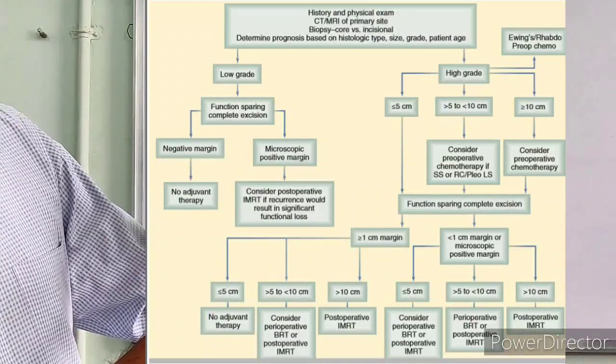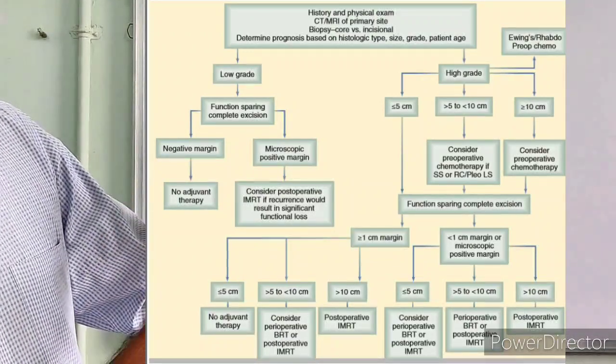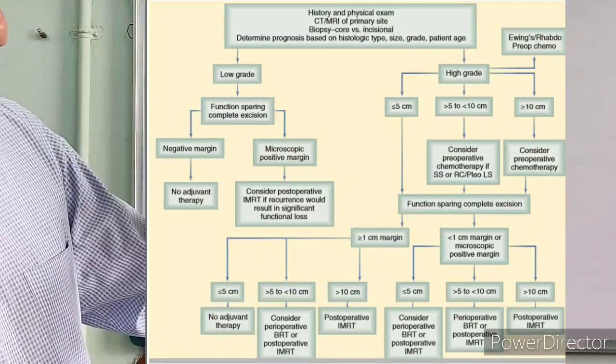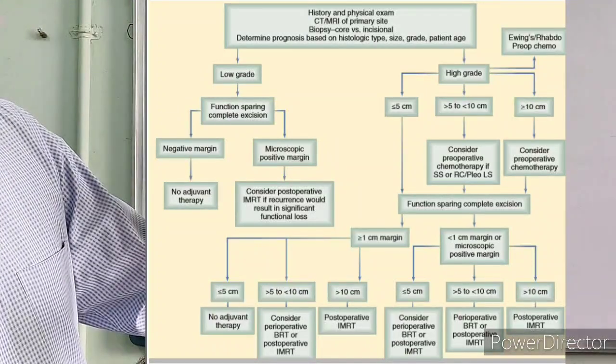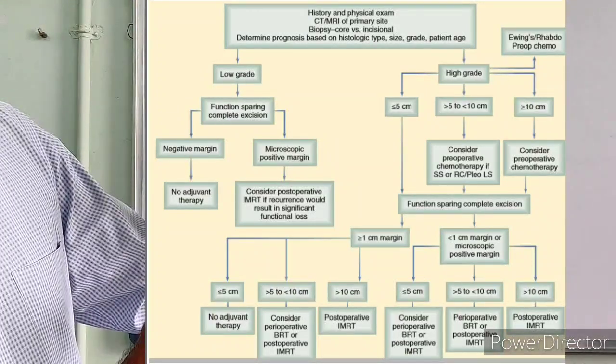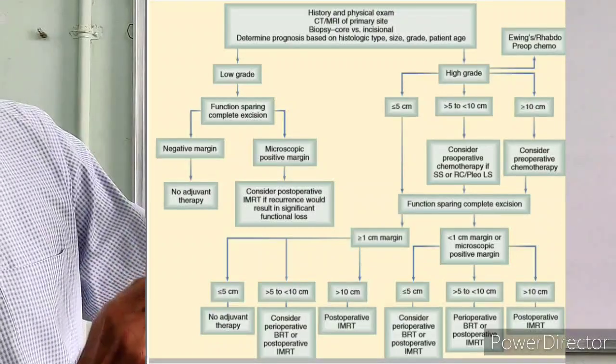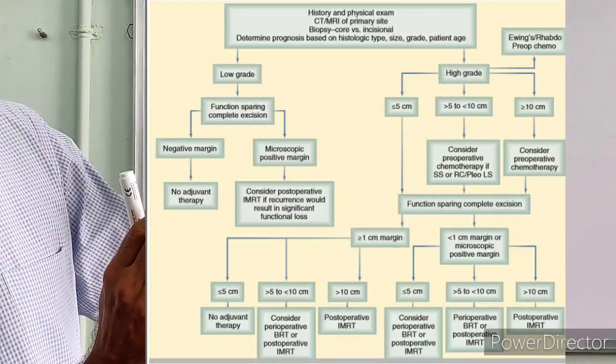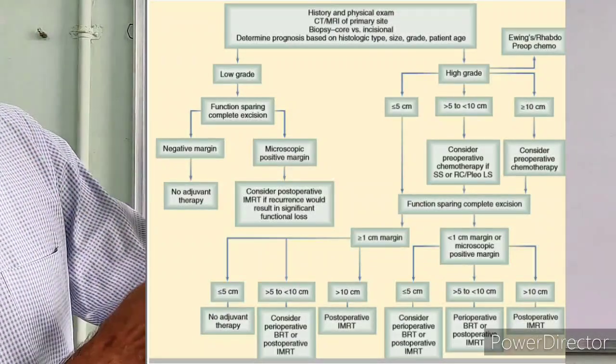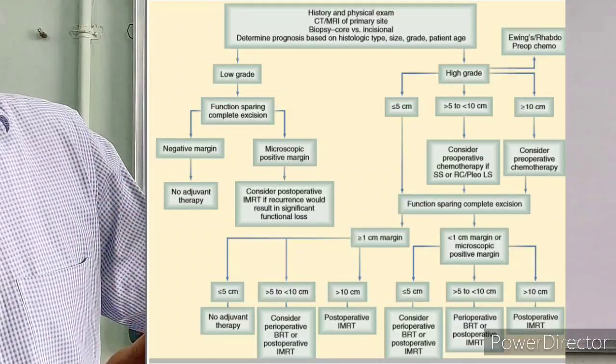Okay. This is the high-grade group. Look at this point. Less than 5 centimeter, more than 1 centimeter clearance, no adjuvant therapy. That's the only situation in high grade, a tumor less than 5 centimeter with more than 1 centimeter clearance, where you may opt for observation.